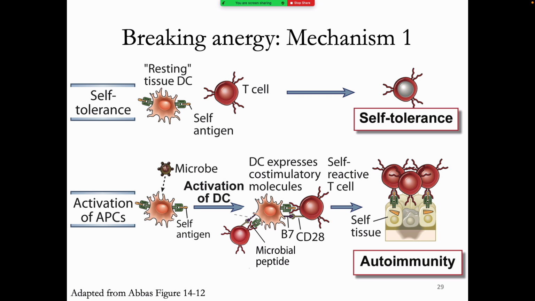There still are some MHC molecules that are going to be presenting self-antigen, because it's not like we have no self-proteins in this cell. We still have self-proteins. They're still getting degraded at some rate. Some of them are still going to end up on MHC.